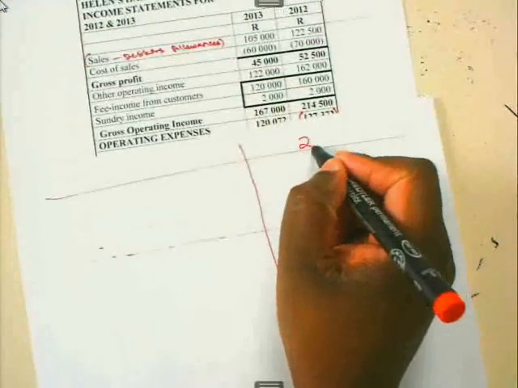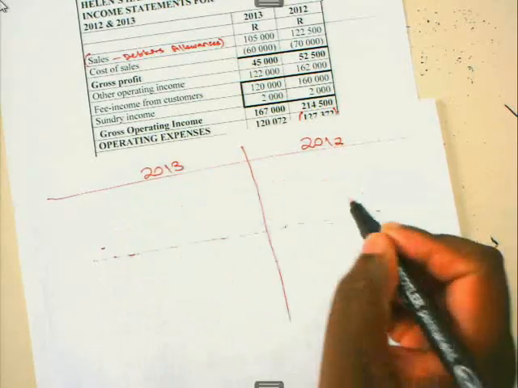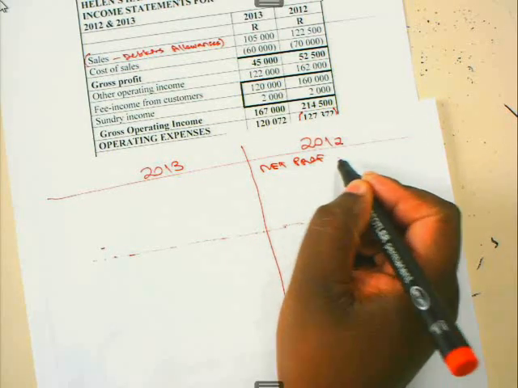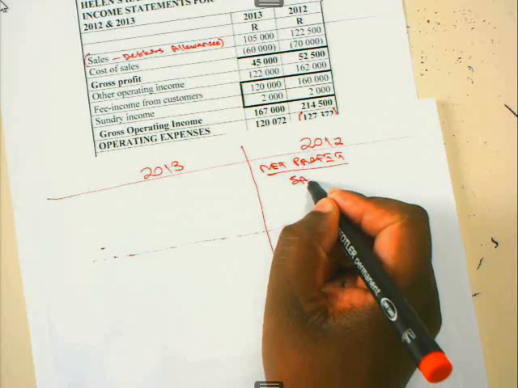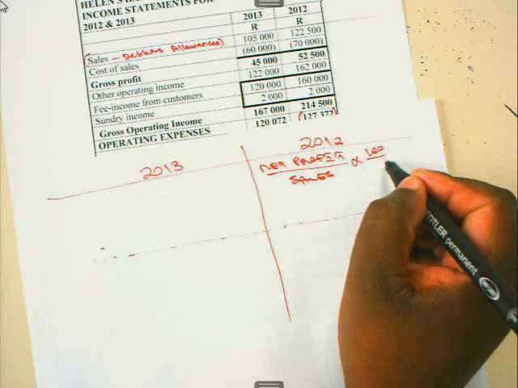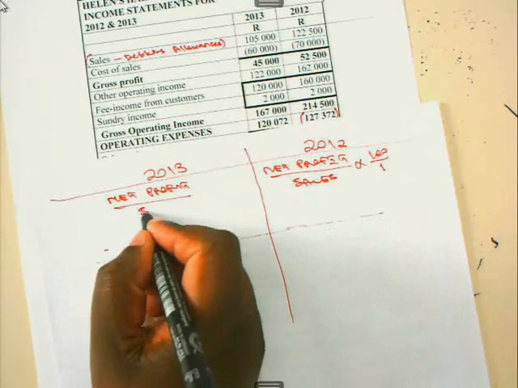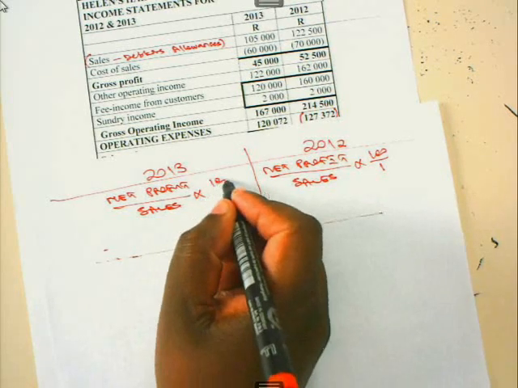This is 2012. This will be our 2013. We'll have your net profit here. We'll divide it by sales. We multiply by 100 over 1. Net profit over sales, we'll multiply it by 100 over 1.